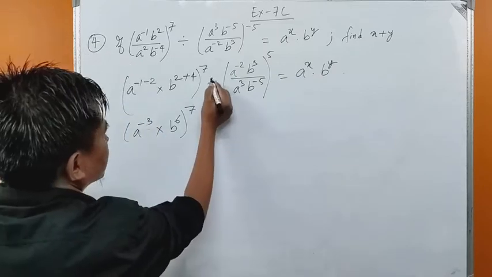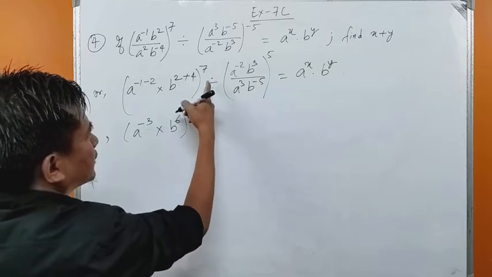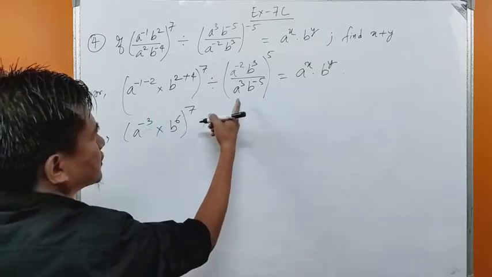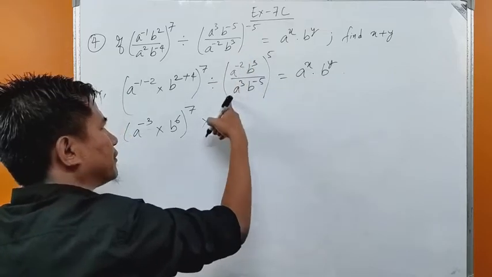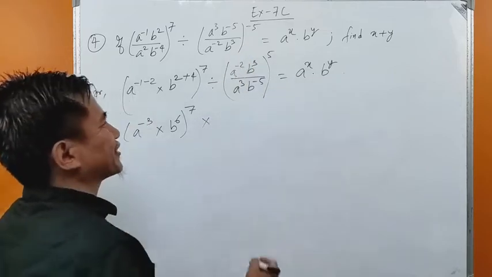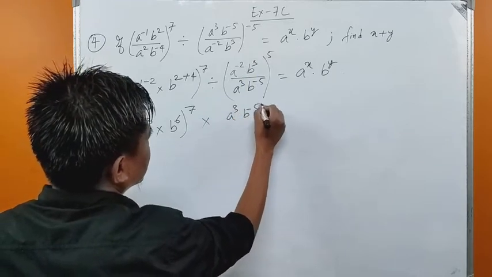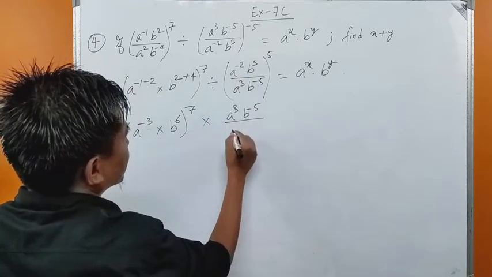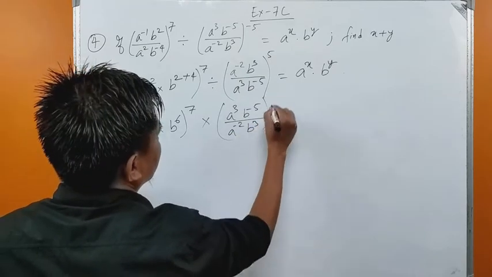Okay, we just write multiplication sign here, a divide into multiplication sign. What happens, this number from the denominator goes to the numerator and number from the numerator comes down to the denominator. Okay, so a cube into b to the power minus 5, a minus 2 into b cube whole to the power 5.